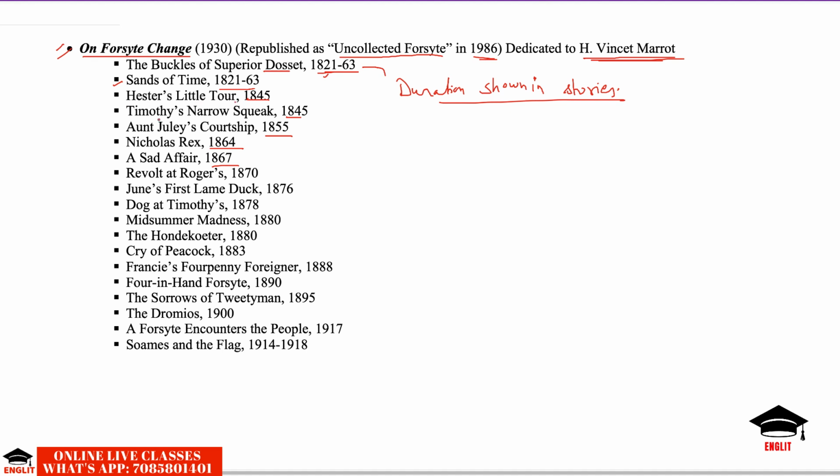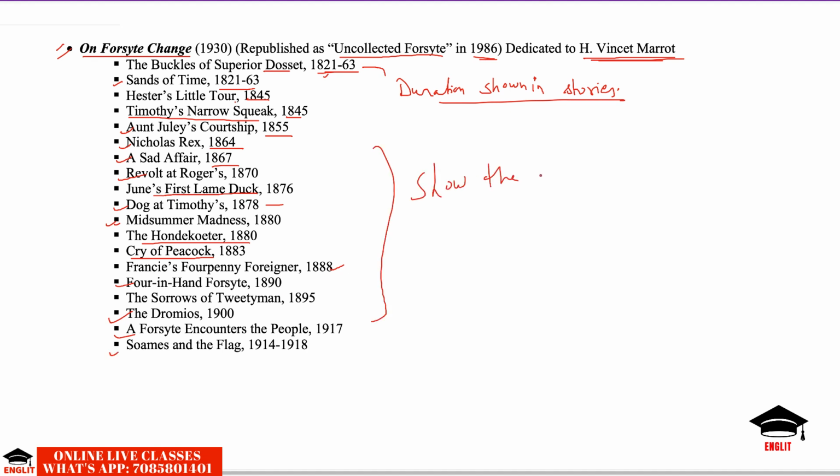Hester's Little Tour, Timothy's Narrow Squeak, Aunt Julie's Courtship, Nicholas Rex, A Sad Affair, Revolt at Roger's, June's First Lame Duck, Dog at Timothy's, this is also important. Midsummer Madness, this is also important. The Hondecoeter, Cry of Peacock, Francis Fourpenny Foreigner, Four in Hand, Forsyte, The Sorrows of a Tweety Man, Dromios, The Forsyte Encounters the People, Psalms the Flare.